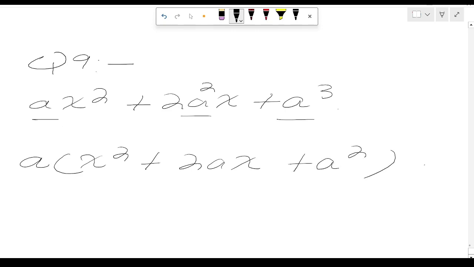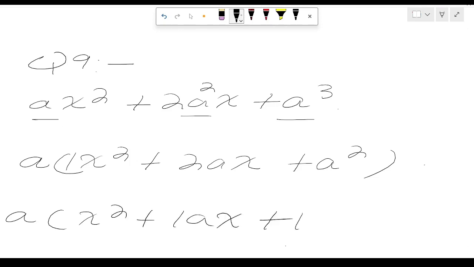Now after writing this, what can I do next? We realize that this is a quadratic expression. Here the coefficient of x square is 1, so 1 multiplied by 1 is equal to 1, but if we add them up, they are equal to 2. So we are going to use 1ax and 1ax as our factors. I can write a bracket x square plus 1ax plus 1ax plus a square.